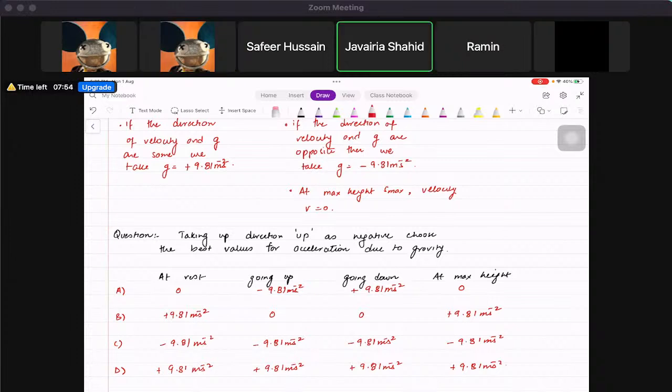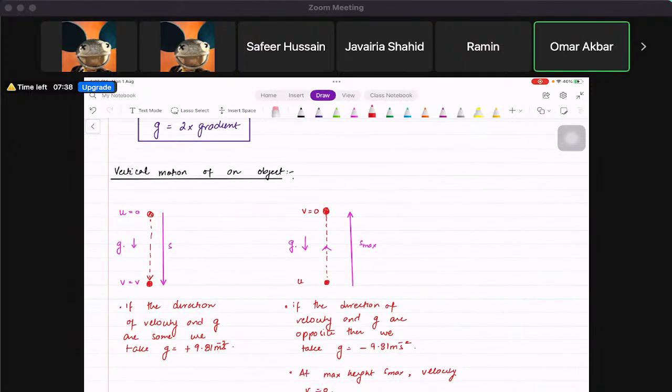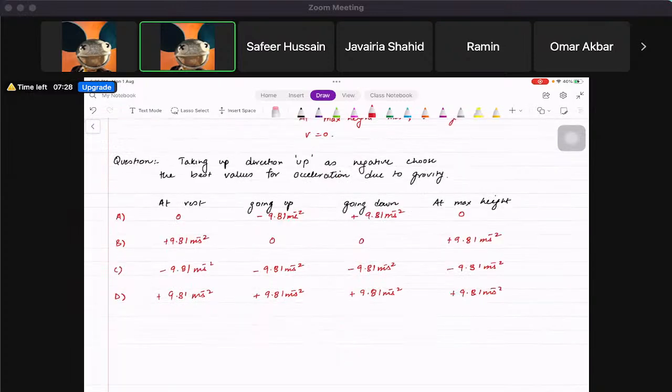The other thing you should think about is that acceleration due to gravity, like I said from the previous diagram, G is always down. In the first section, I took positive down, so I took G as positive, and when I took positive up, I took G as negative. So if I have taken the direction up as negative, then the G at all points will be positive and it will always be down.